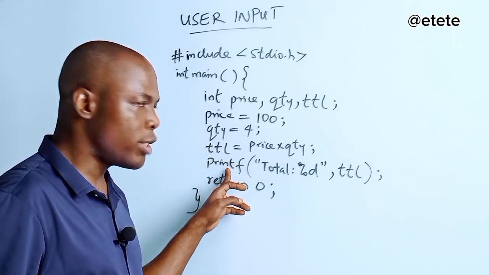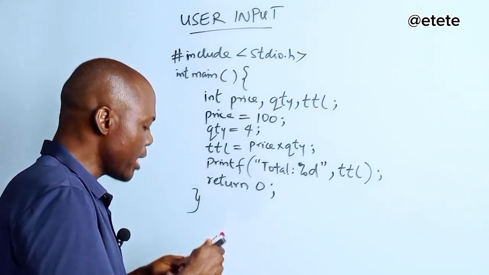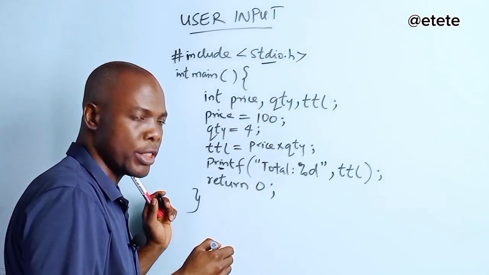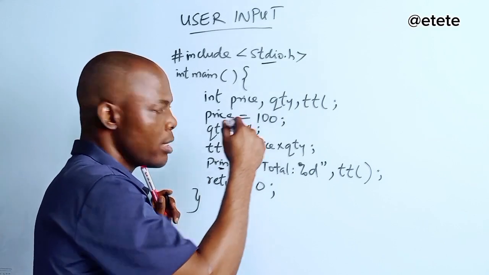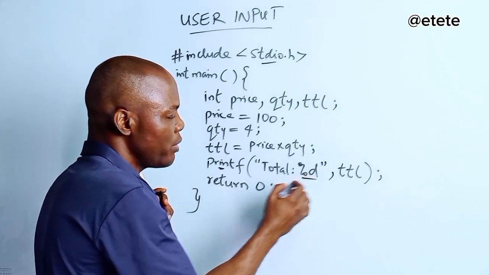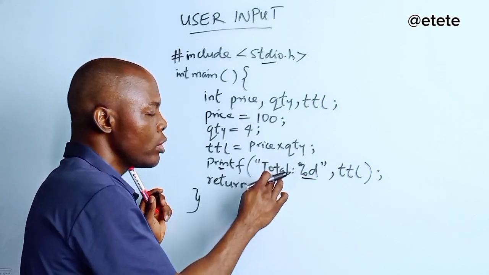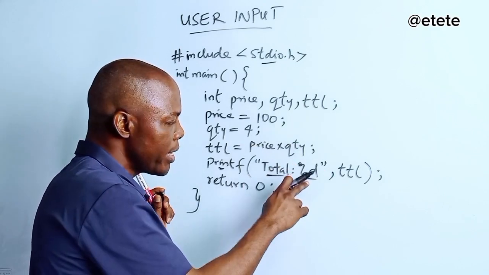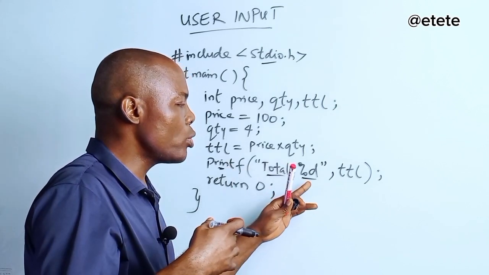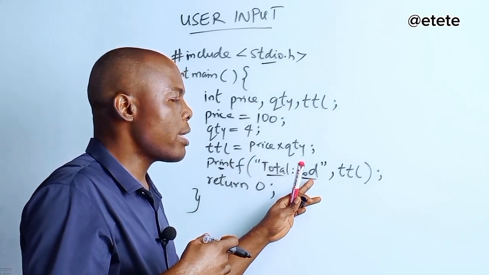Then I will go to this function. So this printf, right, is coming from this stdio.h. It's going to project the whole process output on the screen. Now, this is my format specifier. This is a string literal. So this one will be printed out on the screen. Then this format specifier is telling us how to interpret.